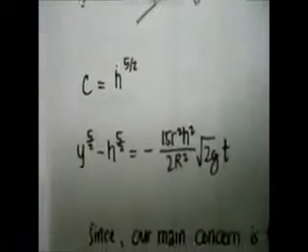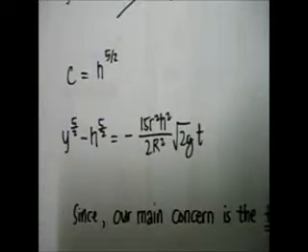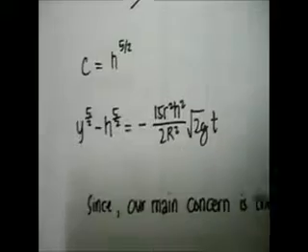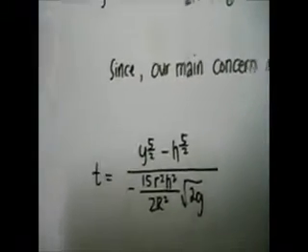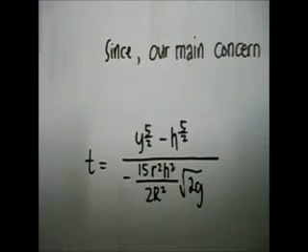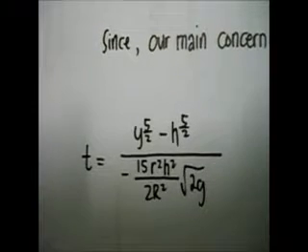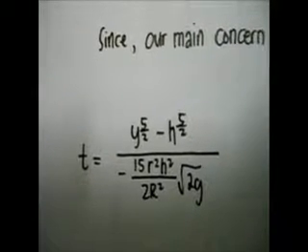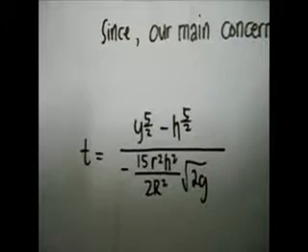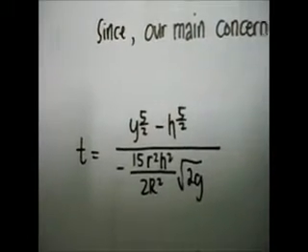Since our main concern is the time when the tank will fully drain, we are looking for time, so time is just equal to y to the 5/2 minus h to the 5/2 all over negative 15 r squared h squared over 2 R squared times 2g.